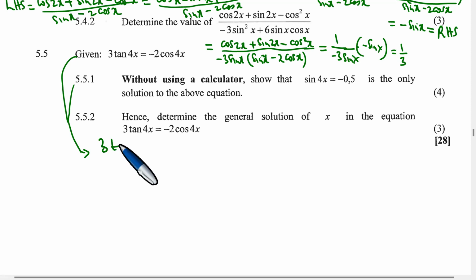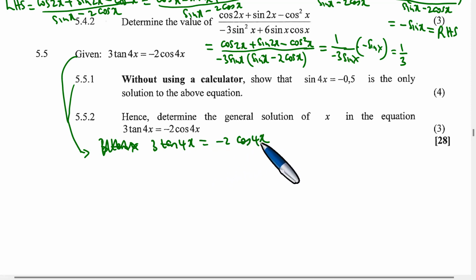We focus on tan 4x, or 3 tan 4x minus 2 cosine 4x, which is 3 into the sine of 4x divided by cosine 4x.